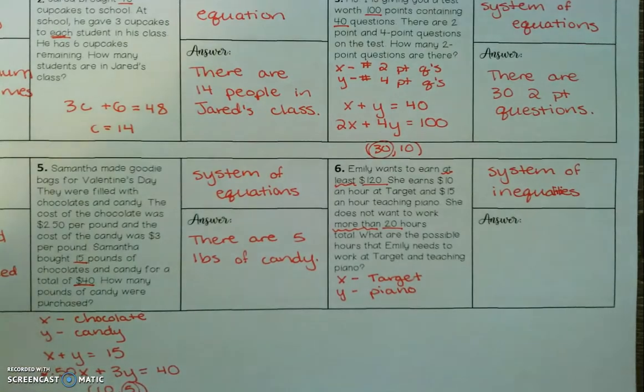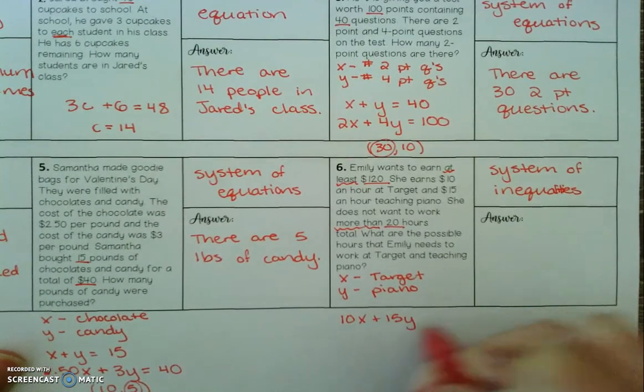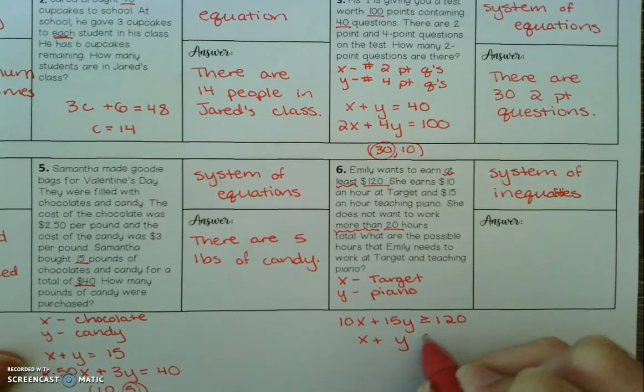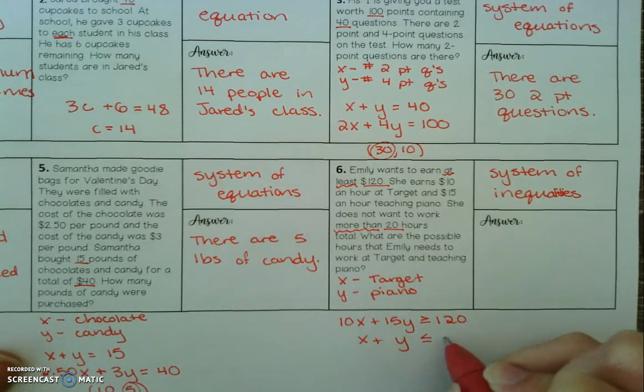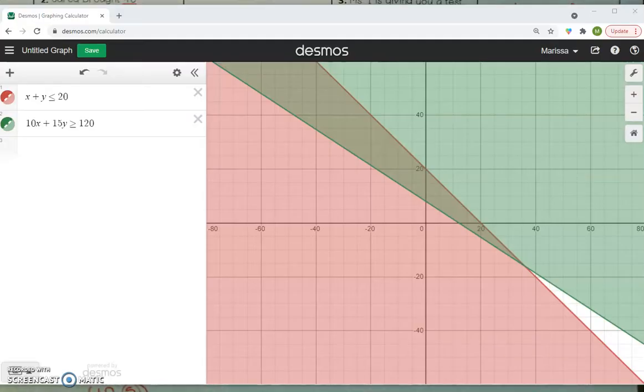When we do this, we are going to plug our equations into Desmos. So we have our two inequalities. Remember, at least is the greater than or equal to sign, because we want at least that much or more. Remember in class that we talked about how our answers are not where they intersect, but anything in our overlapped part.